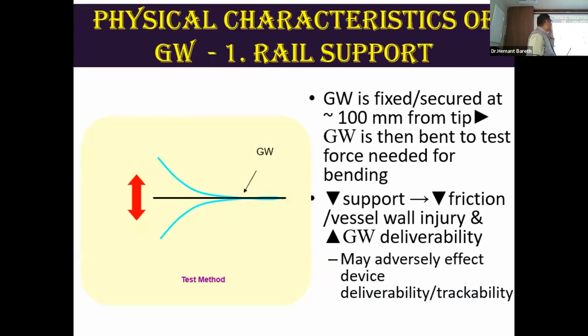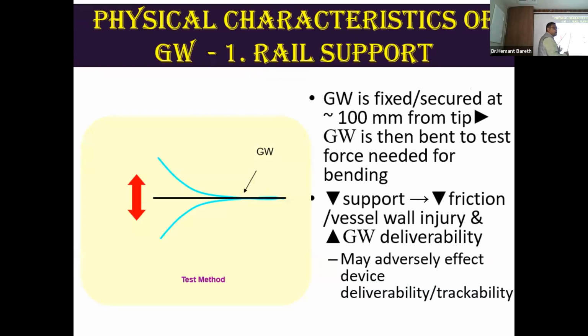So coming to some of the characteristics of the wire, as I said, number one is support. How much support does the wire give for passing a device, and how do you measure it? At 100 mm from the tip of the guide wire, you apply pressure and see how the wire bends.